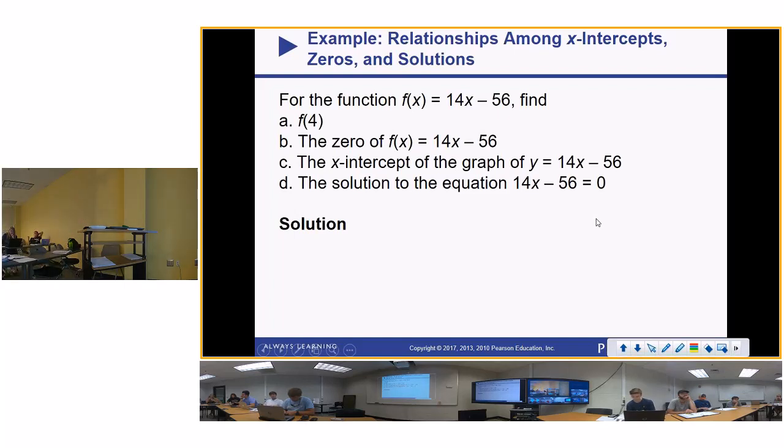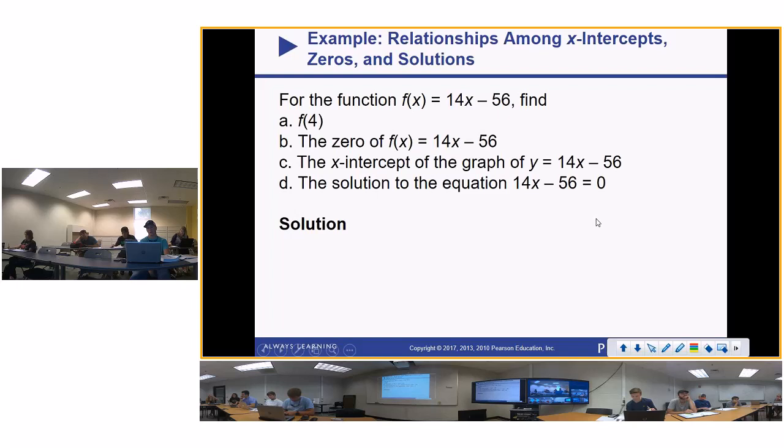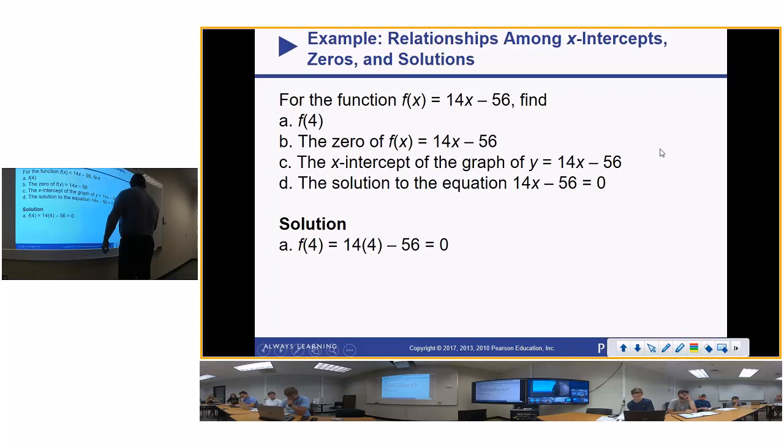Remember, I showed you in the review. If you want to find the y-intercept, what do you plug in 0 for? If you want to find the x-intercept, you plug in 0 for what? Sorry, I did it backwards.